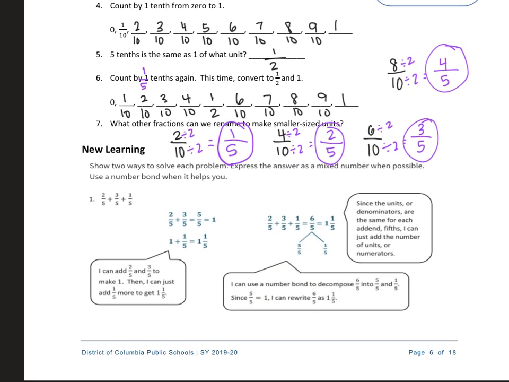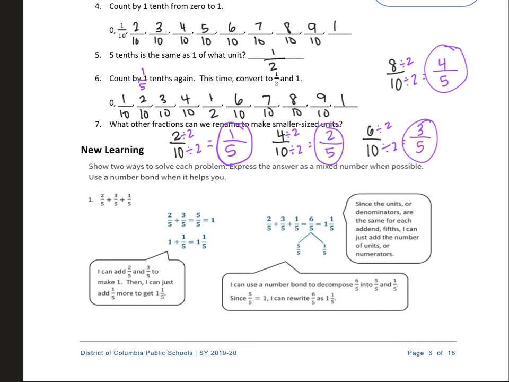All right. So again, the bottom is just showing you multiple ways that you can solve the problems we're going to do. It's showing you that you could add piece by piece and then add a little more, or you can add them all up together and then rename that 6/5 as a mixed number.